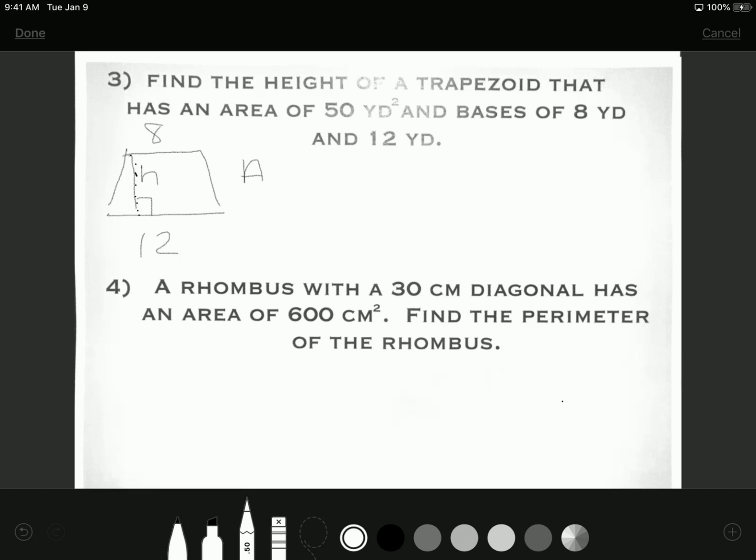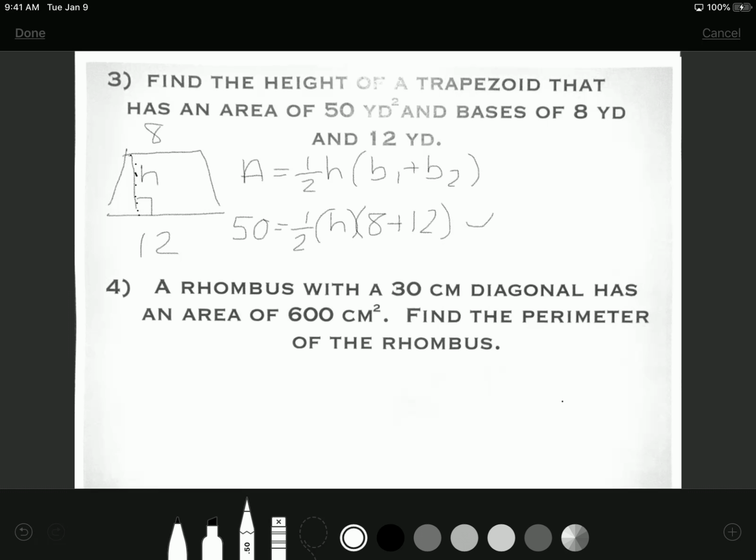The area formula for a trapezoid is 1/2 height times base 1 plus base 2. And then we can just plug in our information. We have 50 equals 1/2 times the height that we're still looking for, and then base 1 is 8, base 2 is 12. It's okay if you flip those around, right? 8 plus 12 is 20, and half of 20 is 10.